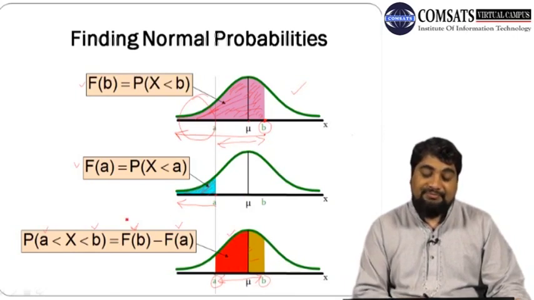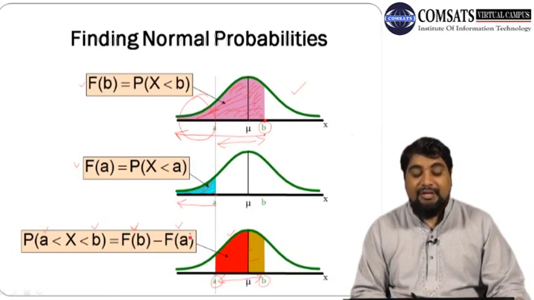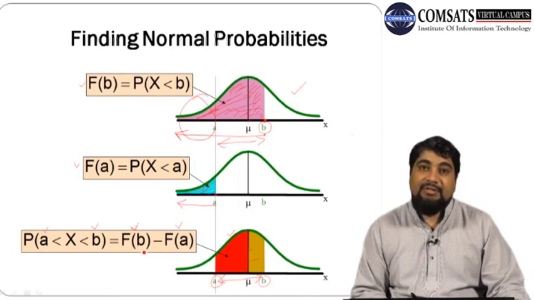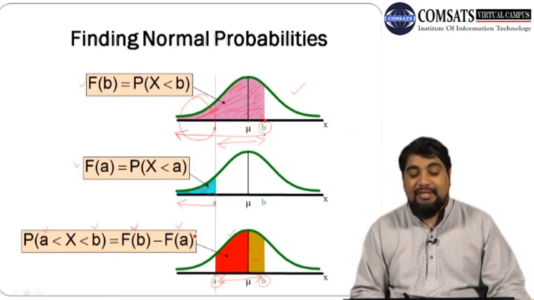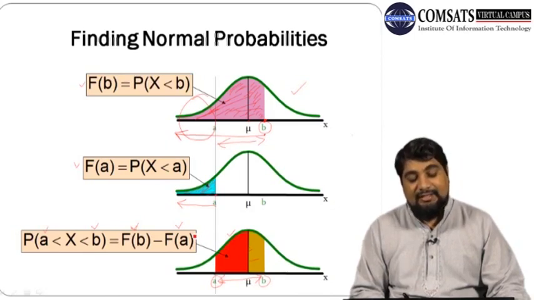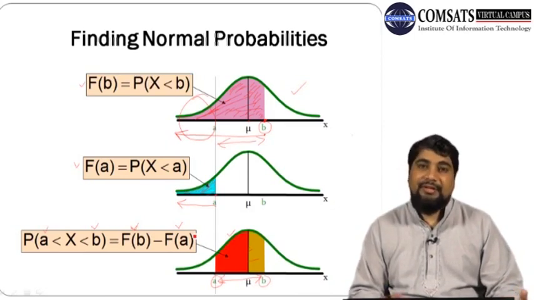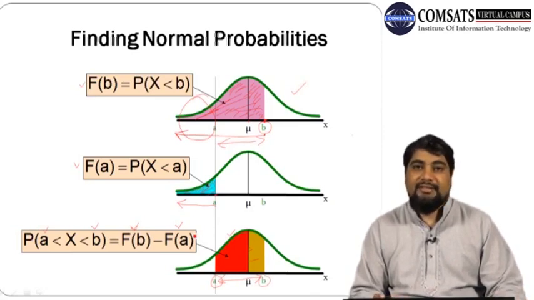So the probability that random variable x lies between a and b is calculated as F of b minus F of a, where F of b is the CDF of x when x is equal to b, and F of a is the CDF of x when x is equal to a. This is how we can use the CDF of x to calculate the area between the two values. Later we will do the Excel demo in which you will get more clarity on this concept.